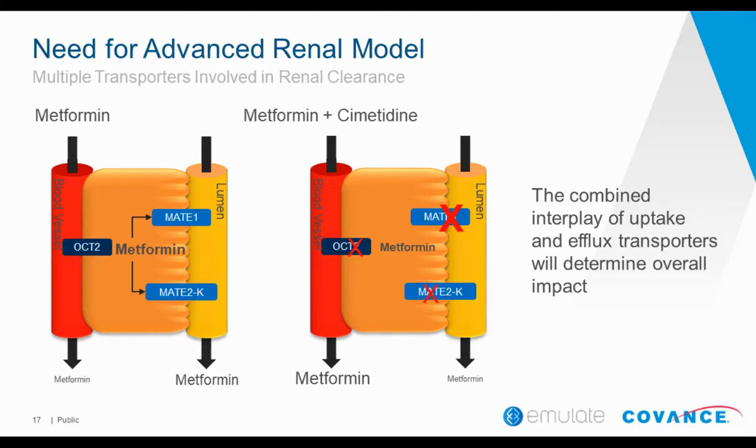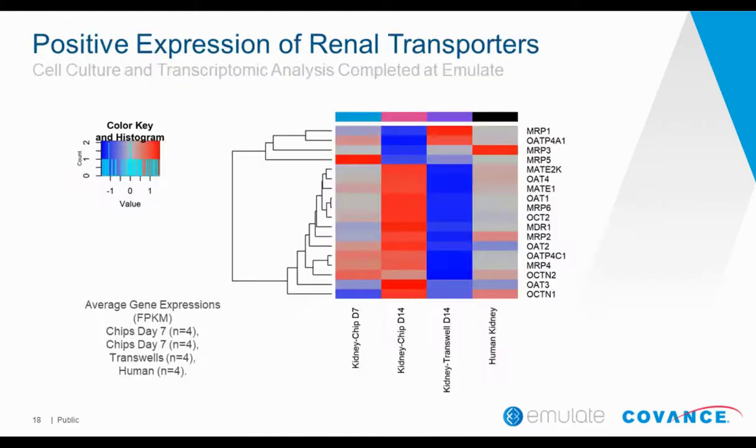So one of the major things that we needed to do first and foremost was to ensure that we have appropriately expressed transporters within the system. And what we're showing here is the relevant transcriptomic data looking at both the kidney chip model as well as those from a transwell system that was generated with the same cells.